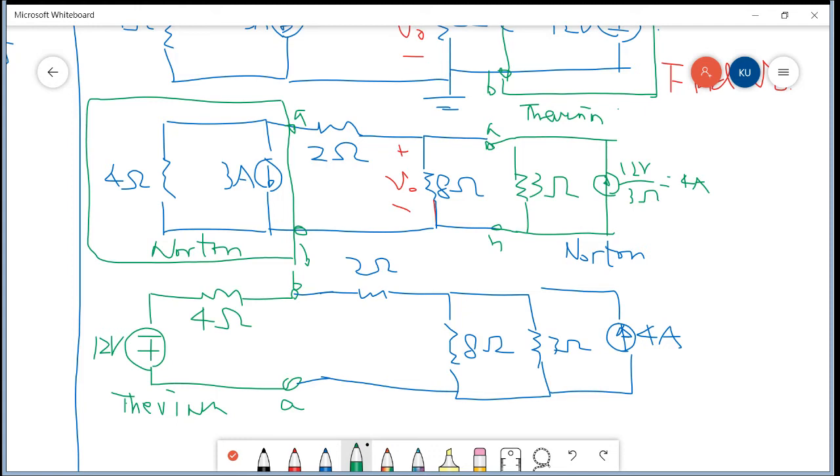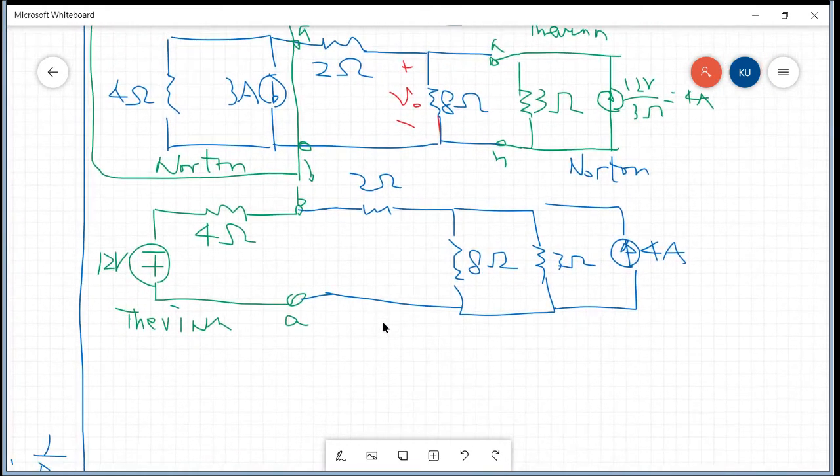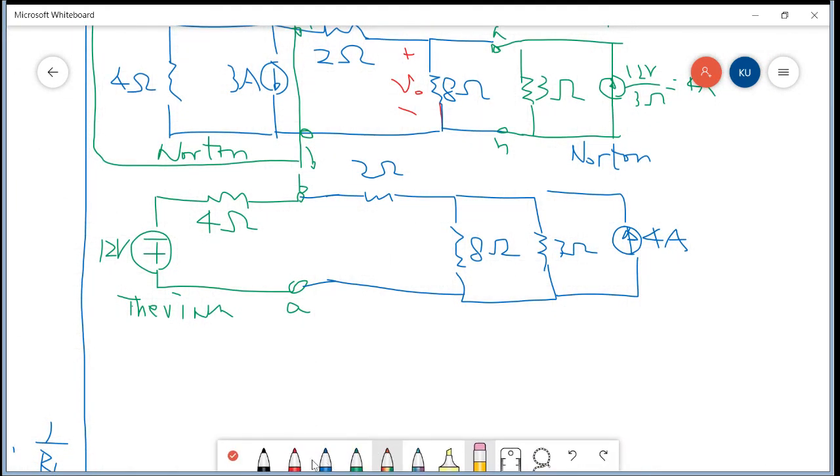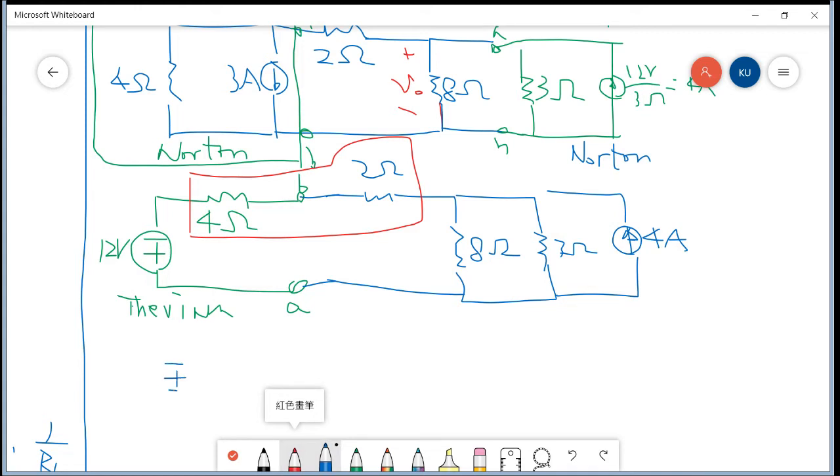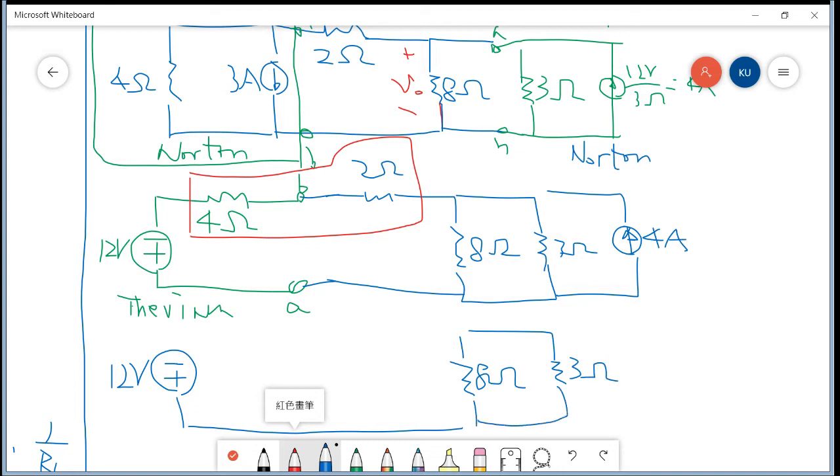Okay, so we can see that this 4 ohm and this 2 ohm are in series, so we can just add them together. I can use the red color to highlight it. We copy the rest of the circuit: 8 ohm, 3 ohm, 4A.